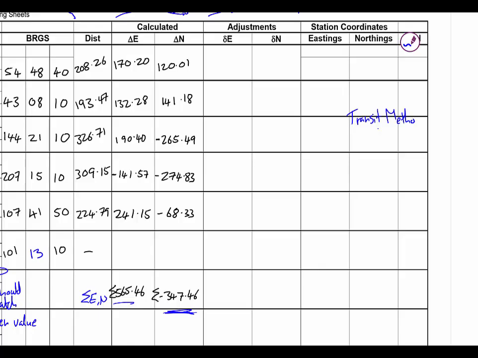The transit method, you can also use the Bowditch method. Once you understand what they both are, you'll see what their relative strengths are.